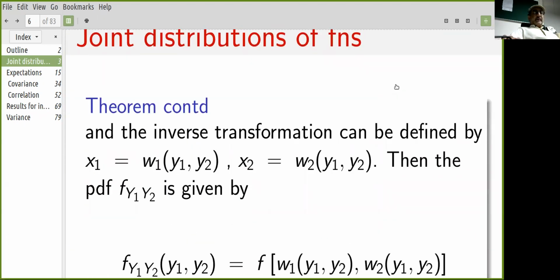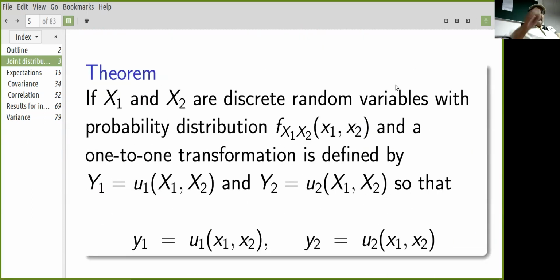So supposing that x1 and x2 are discrete random variables, and they have a joint PDF f sub x1, x2, and y1 and y2 are given by a one-to-one transformation. y1 is equal to u1 of x1, x2, and y2 equals u2 of x1, x2.